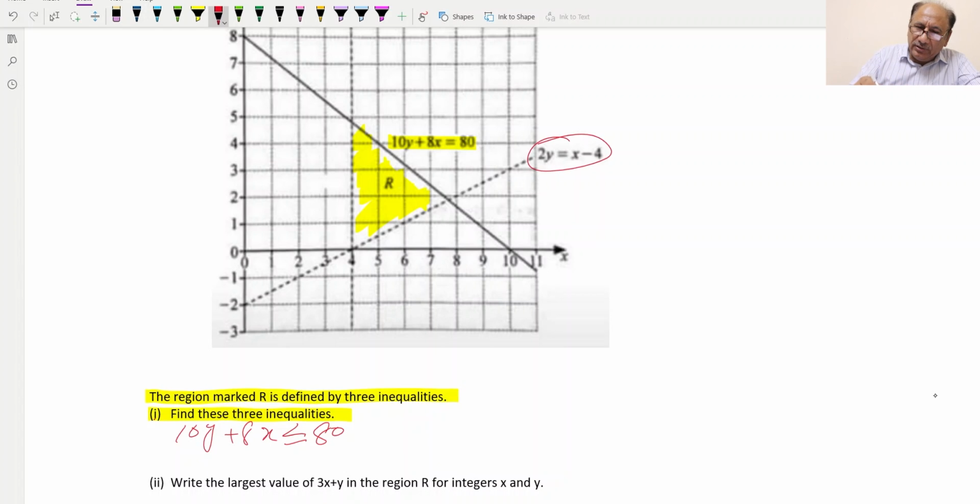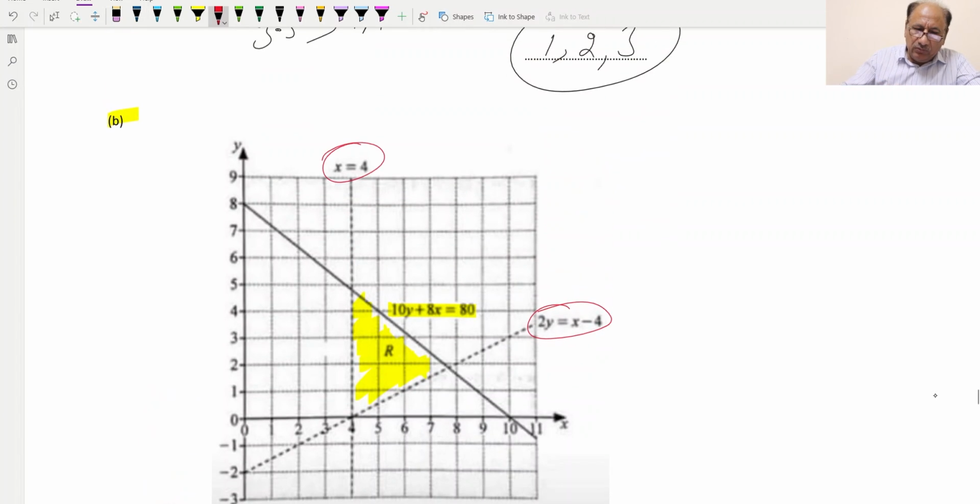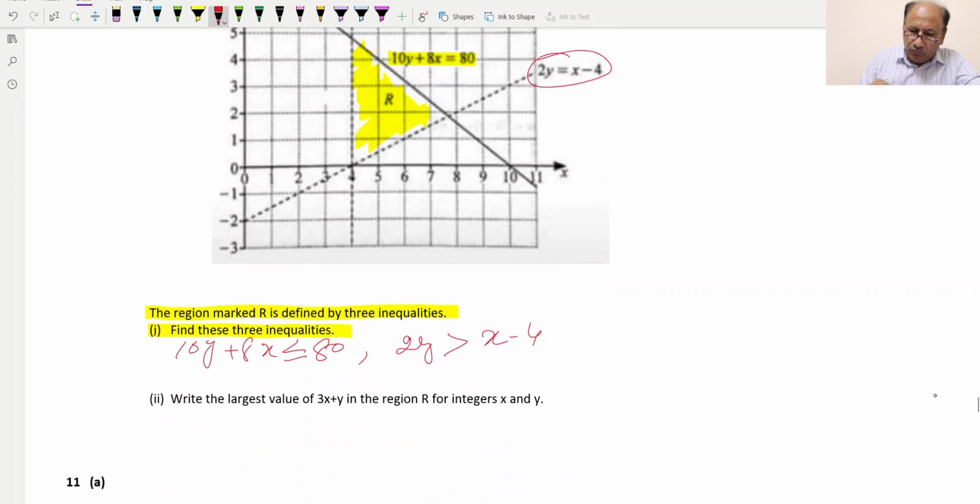The second inequality is this one, greater than this, so dotted line: 2y is greater than x minus 4. And the third is x greater than 4. The equal to sign will not be there in these two because they are dotted lines.